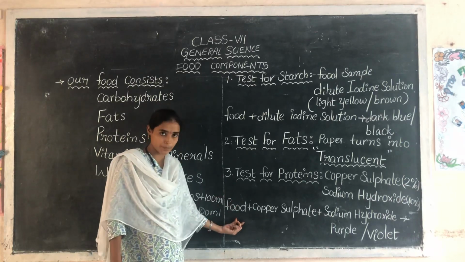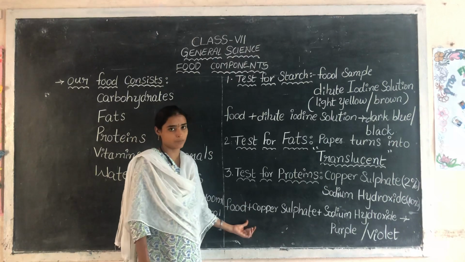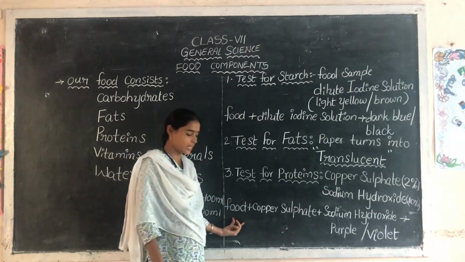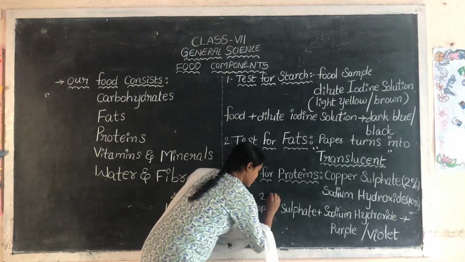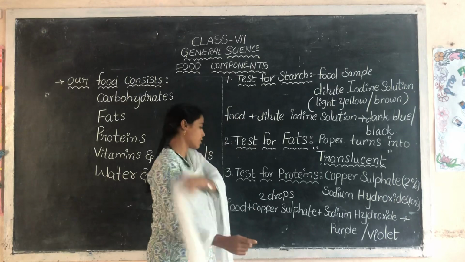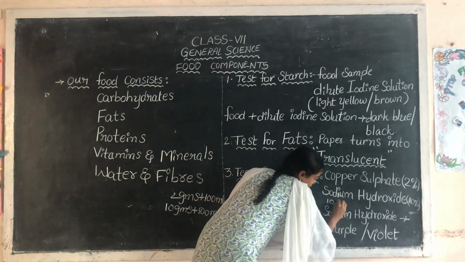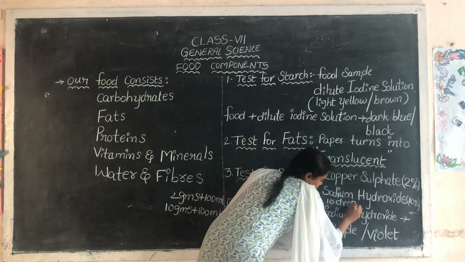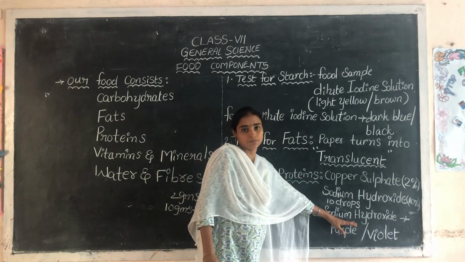Take that food sample, powder or paste form. Okay, take that food sample, add 2 drops only, 2 drops of copper sulfate and 10 drops of sodium hydroxide solution.